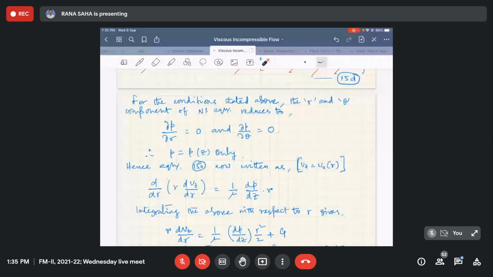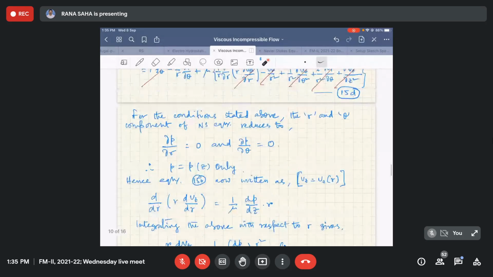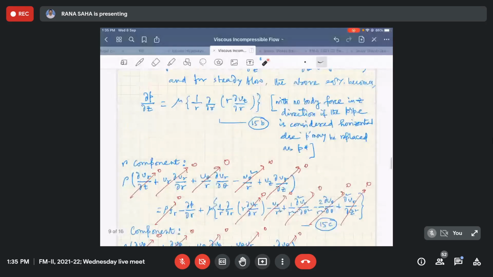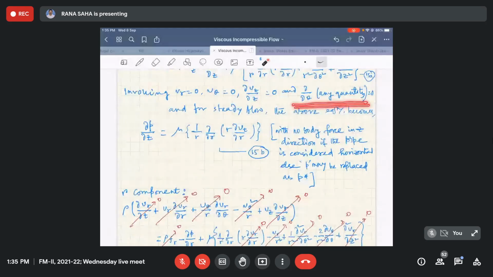Actually, by the axisymmetry condition, you need not use the Navier-Stokes equation in theta direction. Straight away, by that condition which we have written here, del theta of any quantity is 0, so P is also another quantity, so del P del theta will be equal to 0.